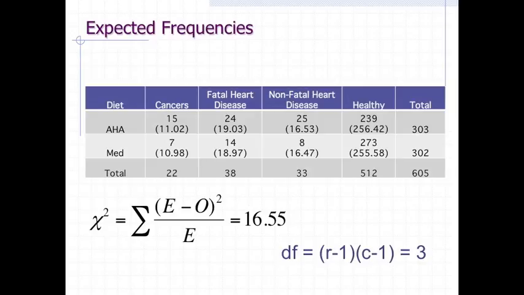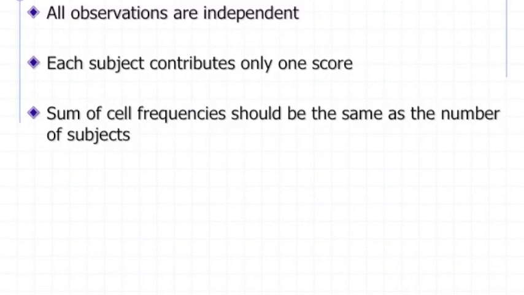The chi-square calculator can be used to determine that the probability of a chi-square of 16.55 or larger with 3 degrees of freedom is 0.0009. Therefore, the null hypothesis of no relationship between diet and outcome can be rejected.